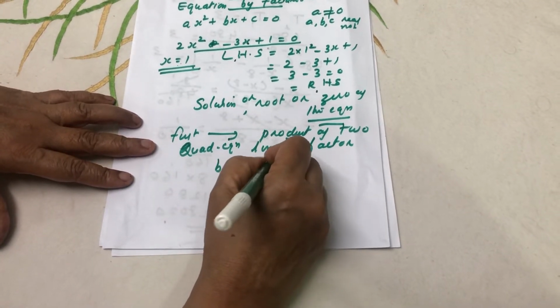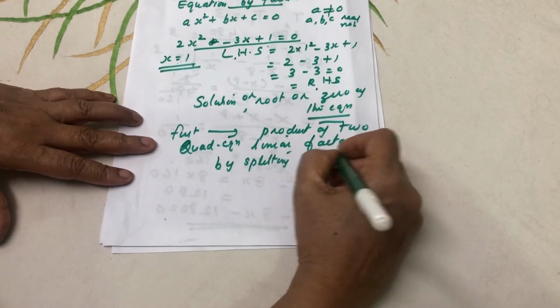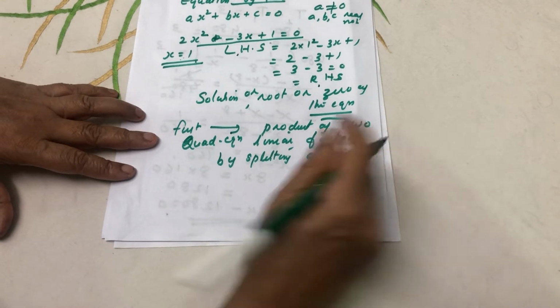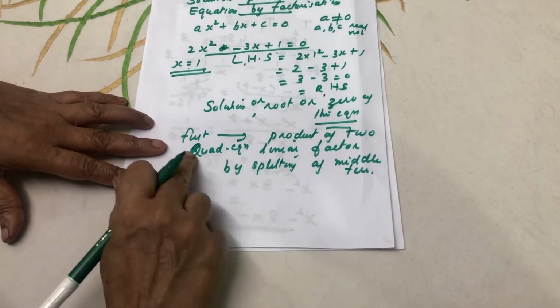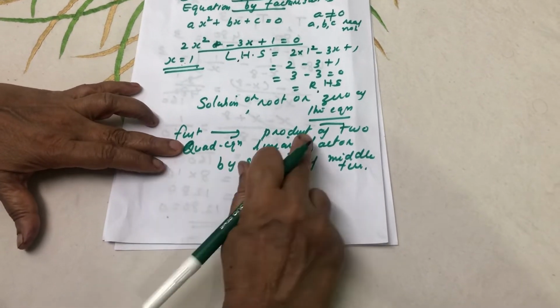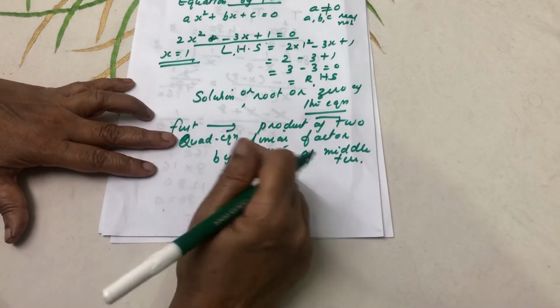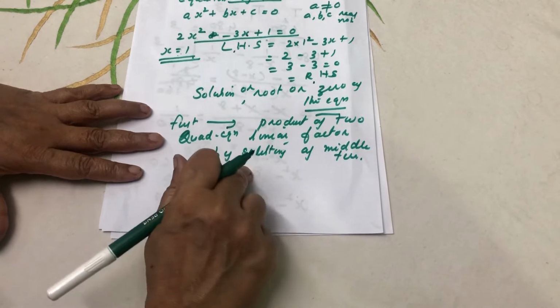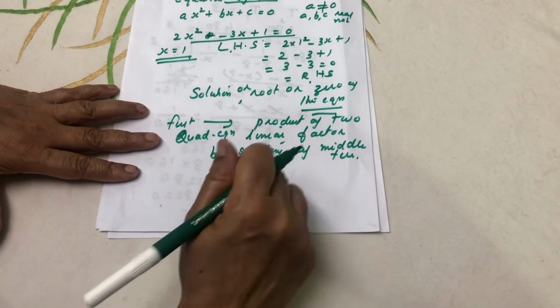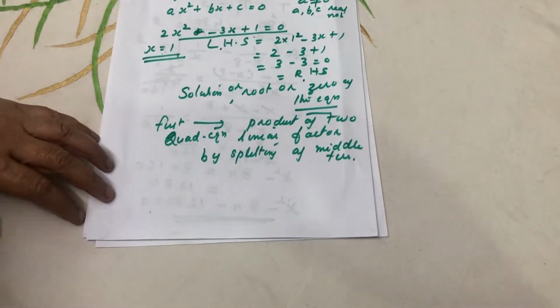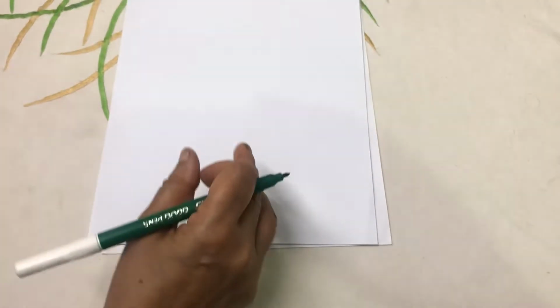You know how to do the splitting of middle terms. After that, you equate each linear factor with 0 and then get the solution. So we will solve it and see.